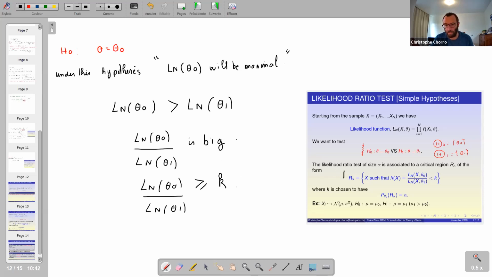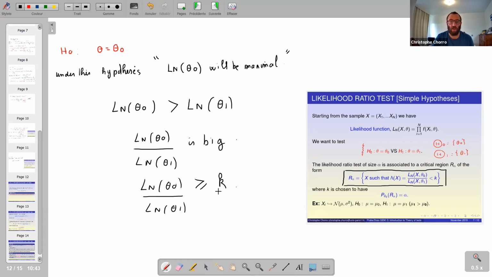I can build it this way. I will reject if, but this one is not fulfilled, because this one is when I am under the null hypothesis. When I am under this setting, this ratio of log likelihood is big.